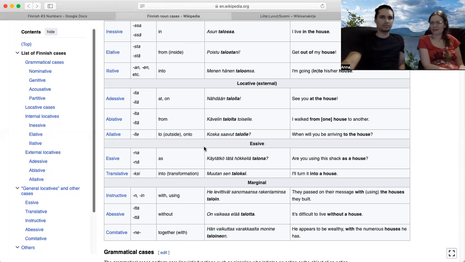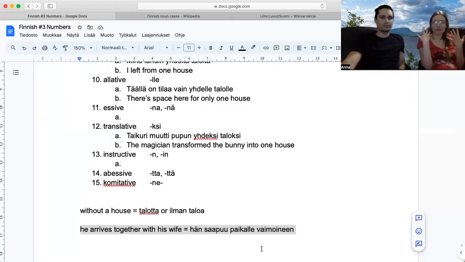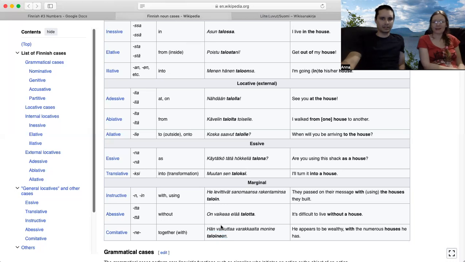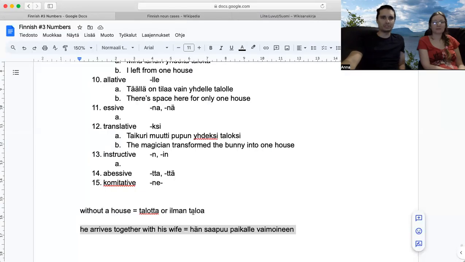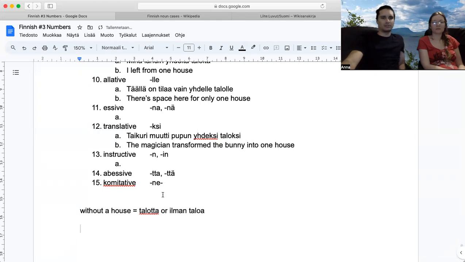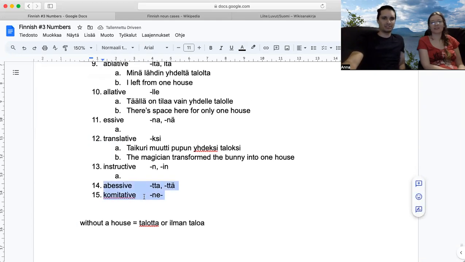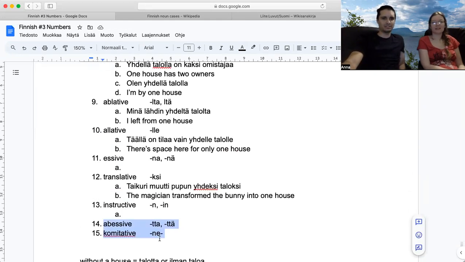No, it's just together with. Yeah, I know, but it sounds to me like that. I think the commitative only has one form, not different forms for singular and plural. Anyways, we don't use this. It's super rare. So good news, you don't need that much abusive and commitative.